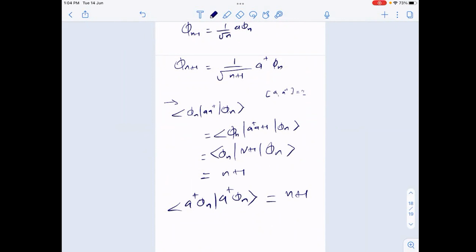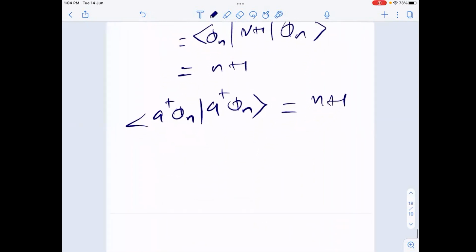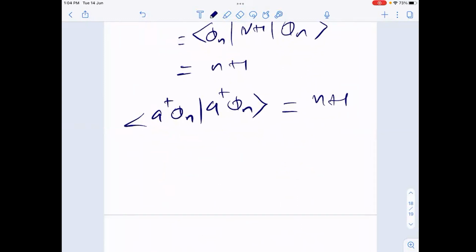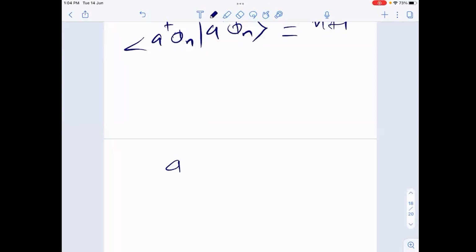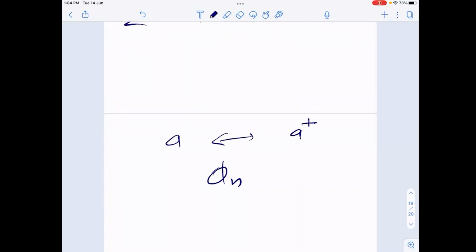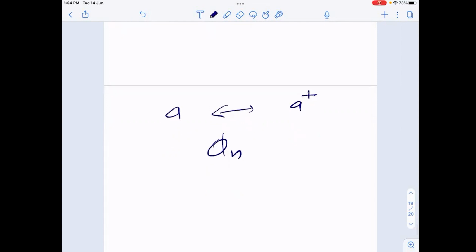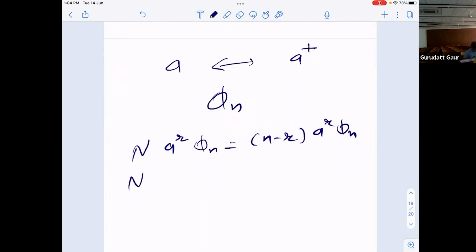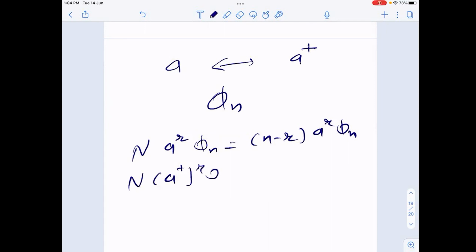The point is that in a similar way, if we keep on following repeated application of the annihilation operator a or the creation operator a dagger on eigenstate phi n, then if I write a generic term, n a to the power r phi n will be n minus r, a to the r phi n, and n a dagger to the power r phi n will give you n plus r, a dagger to the power r phi n.